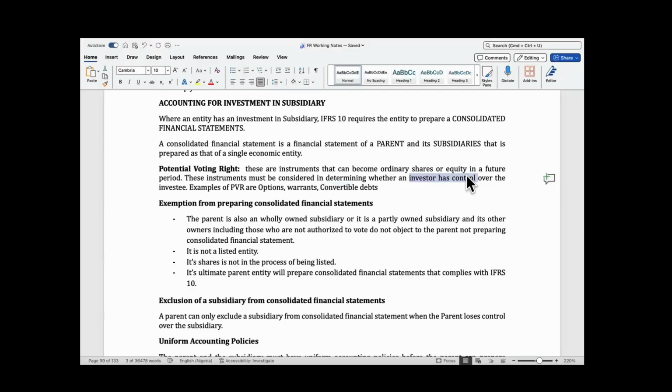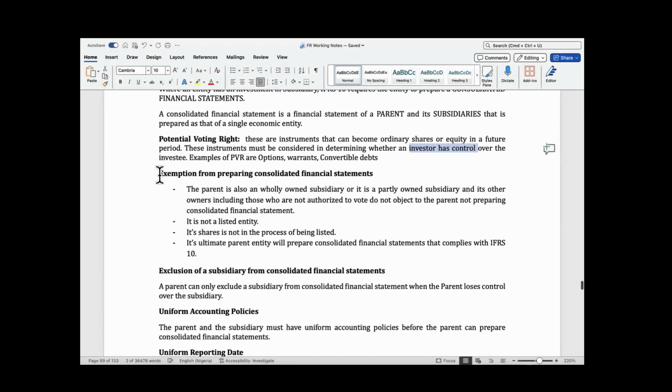If these should convert in the future, will I still have control? Will I still be able to affect their variable returns? Will I still be able to hire and fire key management personnel? Will I still be able to have over 50%? So you need to consider it today. Potential voting rights is a major consideration in determining whether an entity has control or not.